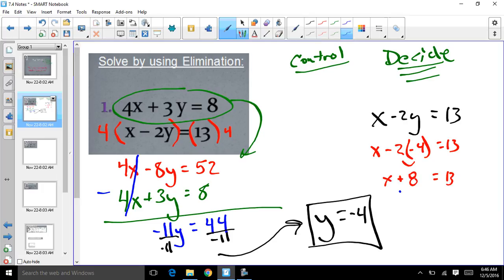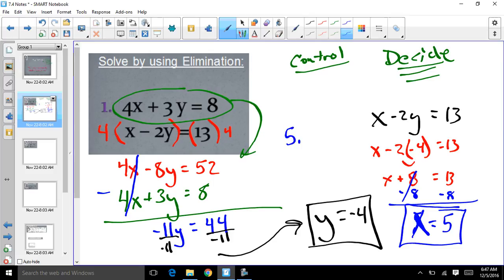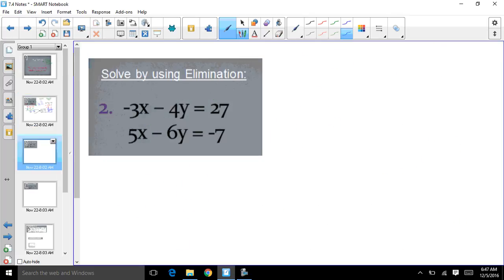If I subtract 8 on both sides, I find out that x equals 5. That should work. When I go to plug those numbers back in, my value should be correct. So I've got 5, negative 4 as my solution. And the smiley face, or some kind of grumpy face or sad face, I'm not quite sure. Moving on.